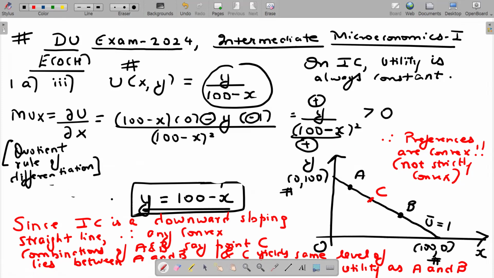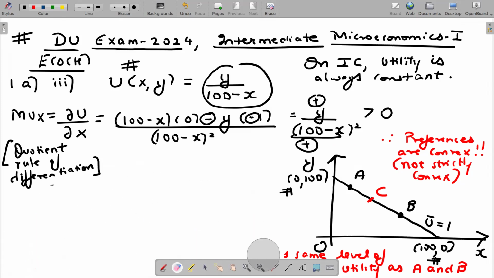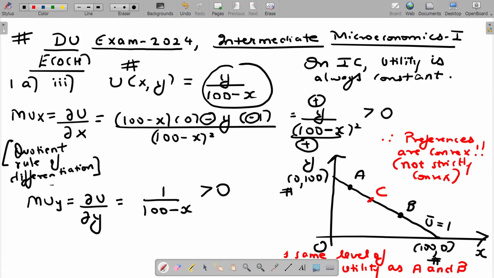Similarly, guys, MUY will be what? If I erase all this off, MUY is going to be del U by del Y. If I partially differentiate the function with respect to Y, I just get 1 over (100 minus X), which is positive for X less than 100. You can clearly see that only when X is less than 100, the denominator will be positive.